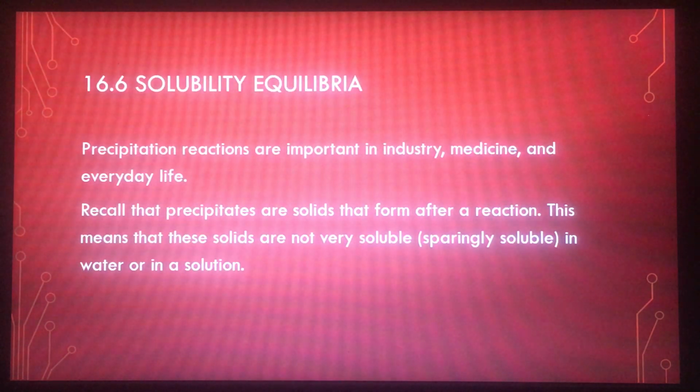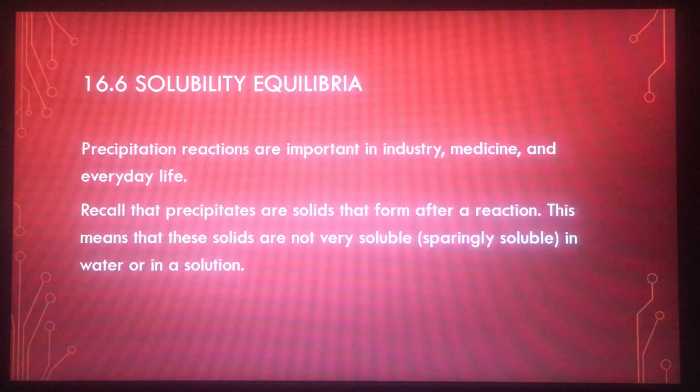Some salts are solids, so that means in the reaction, the salts become solids and precipitate off in the reaction. We call those reactions precipitation reactions. And these reactions are important in everyday life. So we have precipitation reactions occurring in our body.